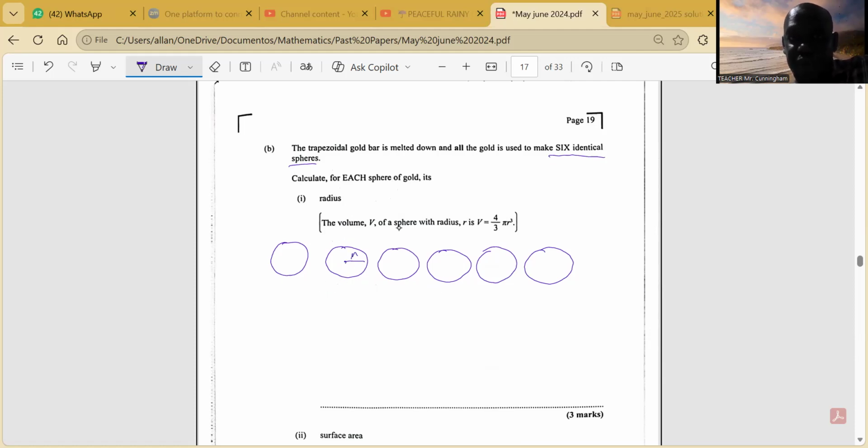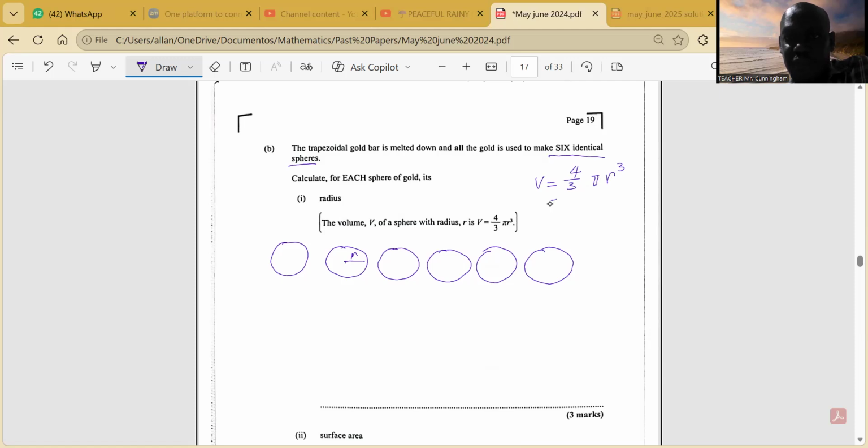The volume of the sphere with radius r is V equal to 4/3 pi r to the 3rd power.